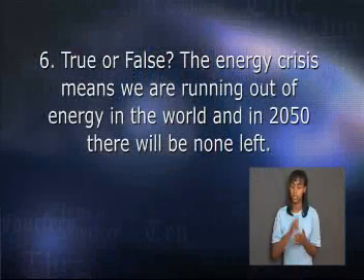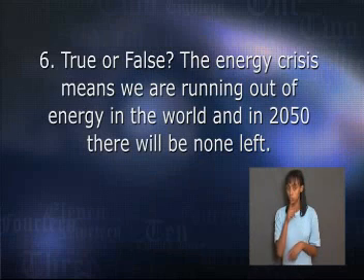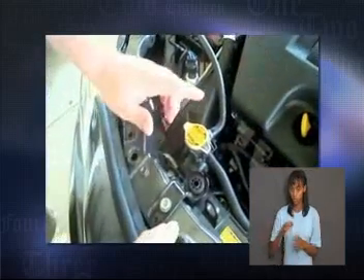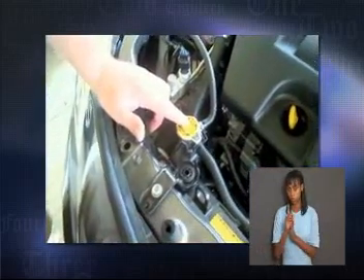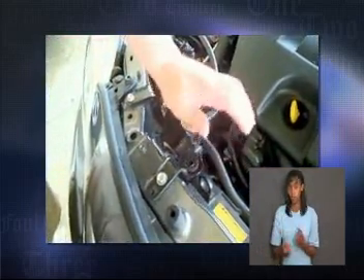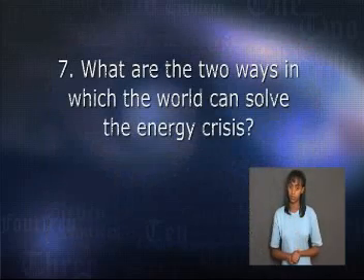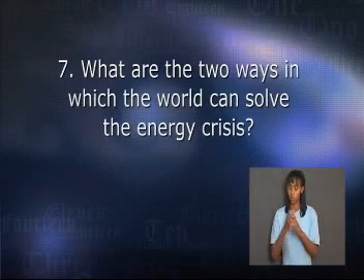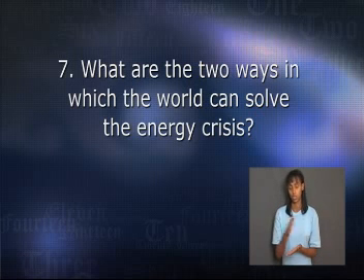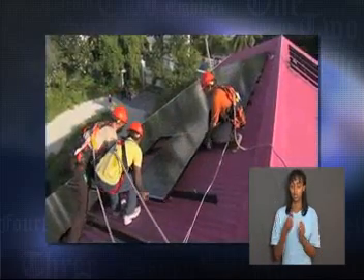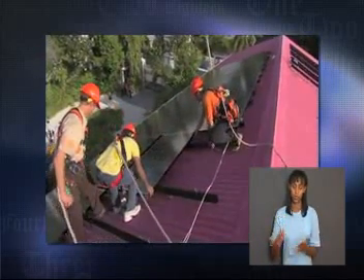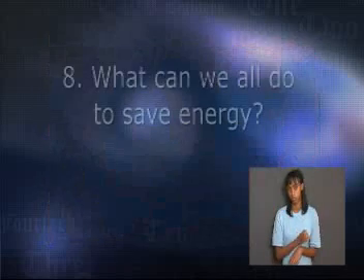It is partly true that we are running out of known energy, and there will be none left if we do not develop or find more sources of energy. The world can solve the energy crisis by reducing the use of fossil fuels and increasing the use and supply of renewable forms of energy.